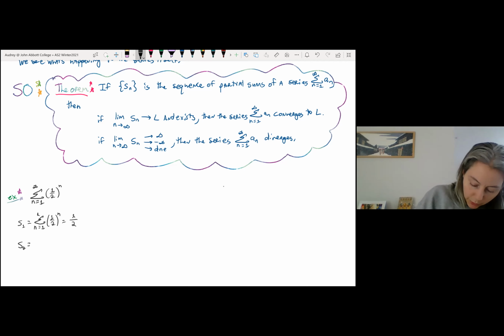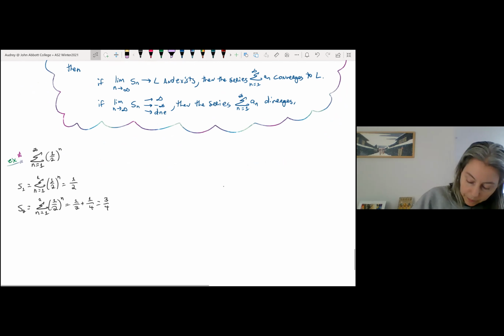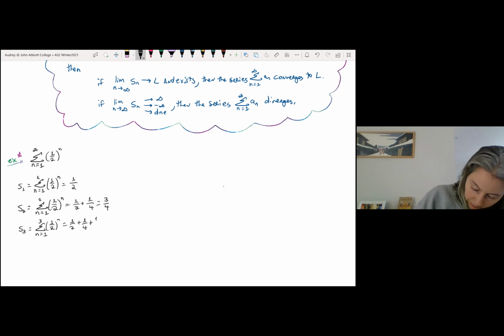My S sub 2 would be 1/2 plus 1/4, which is 3/4. Then S sub 3, adding up the first 3 terms, gives 7 over 8.